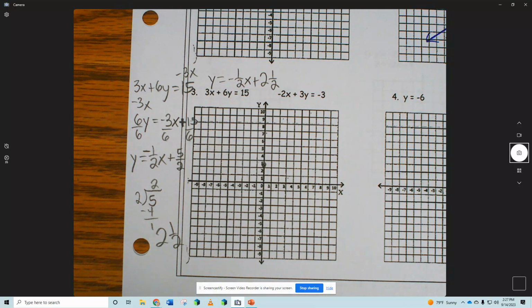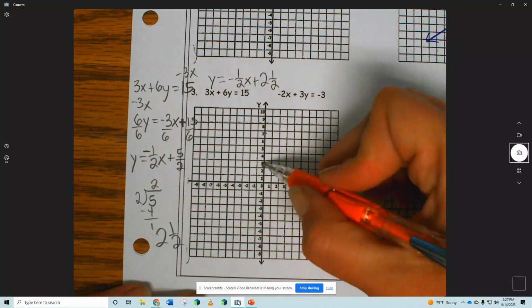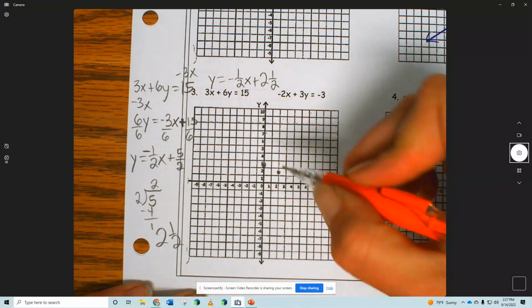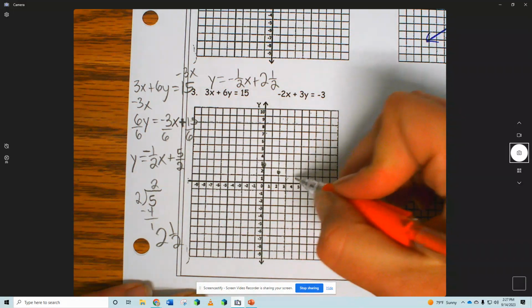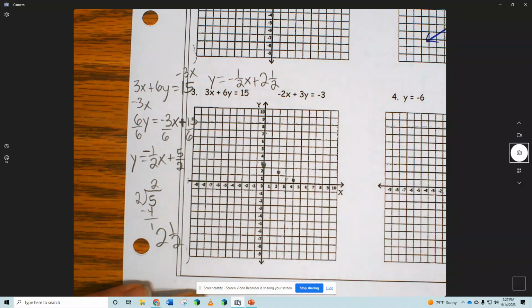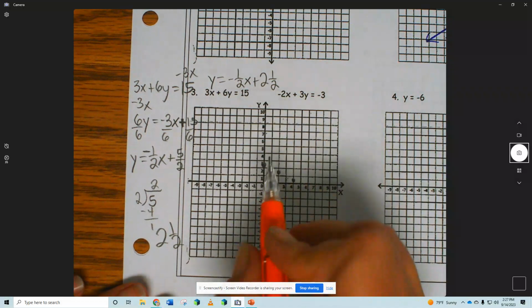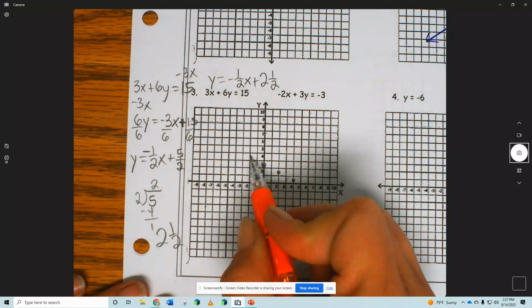You're staying in the middle of the box the whole time. Down 1, right 2. Still in the middle of the box. Do you see how everything's in the middle because it's a 1/2 and I started at 2.5? If I wanted to reverse it, I would go up 1 and left 2.